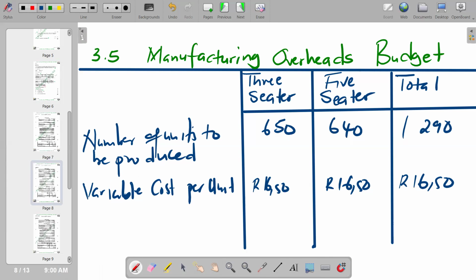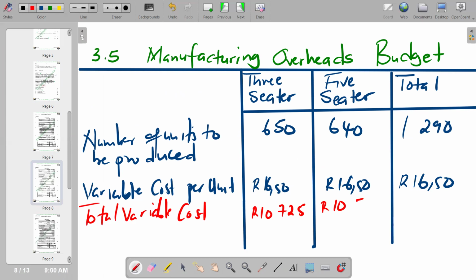For the 3-seater, you get your answer as 10,725 rands. And then we multiply for 5-seater, you're supposed to get your 10,560.